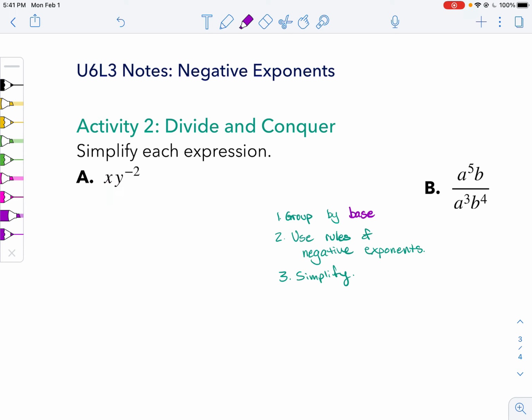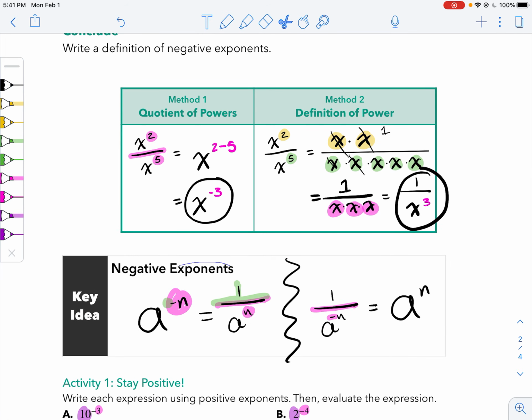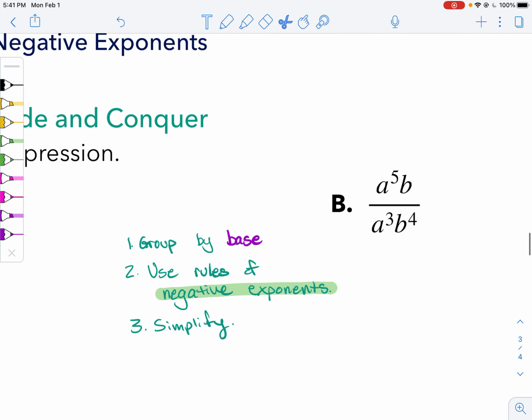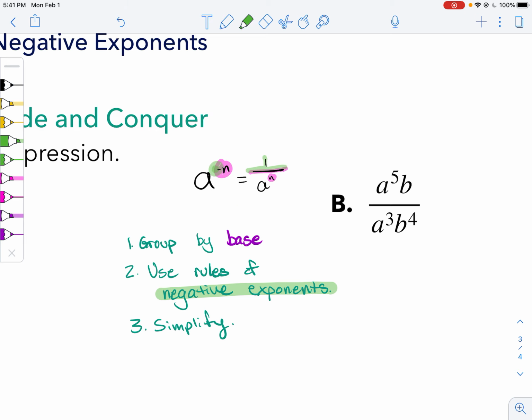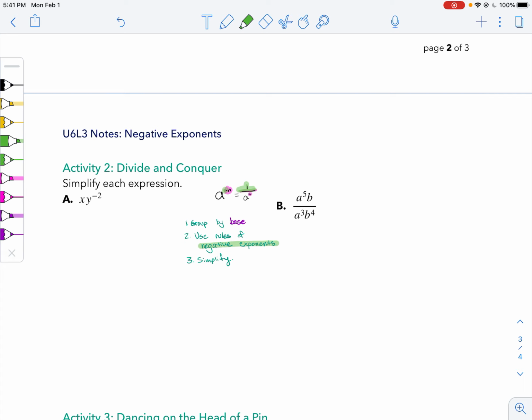And then we need to make sure to get rid of our negative exponents. So we're going to do our rule of negative exponents. You should rewrite it because you'll remember it better. Our rule being, if you have a negative exponent, that's the same thing as 1 over the power, and then just simplify it best you can.